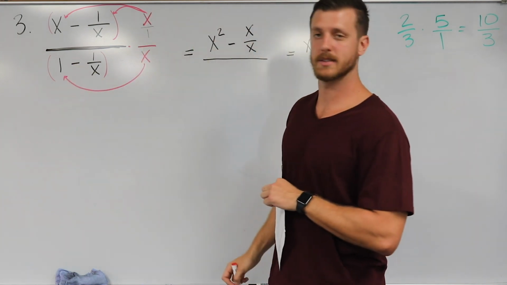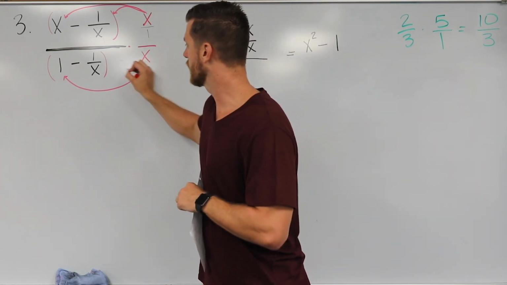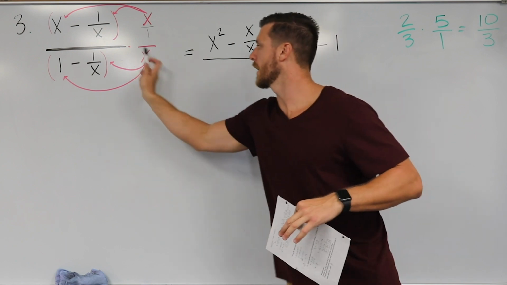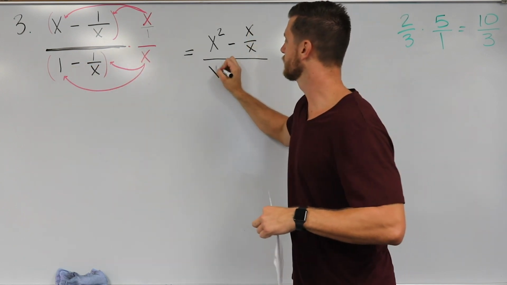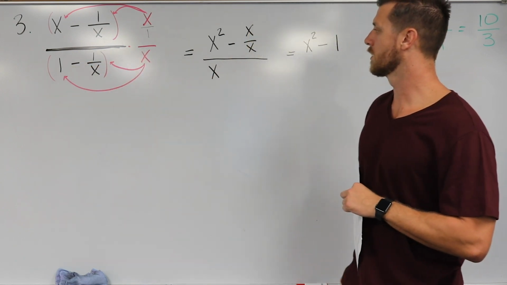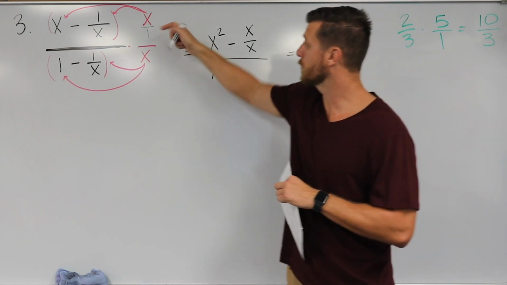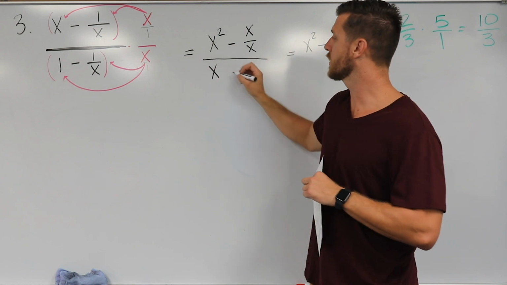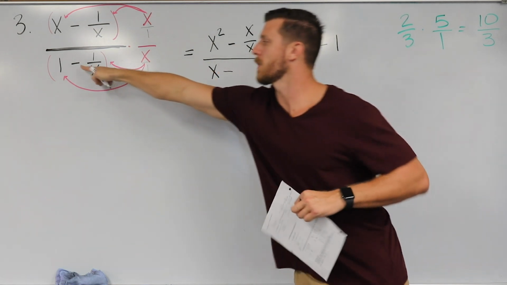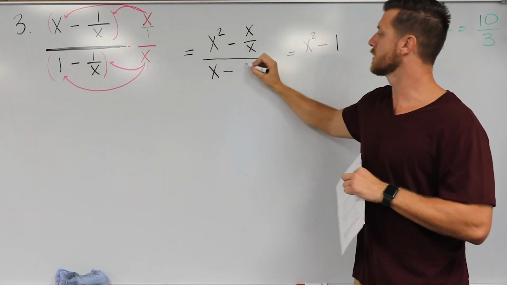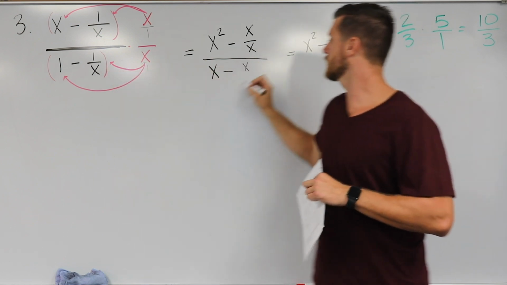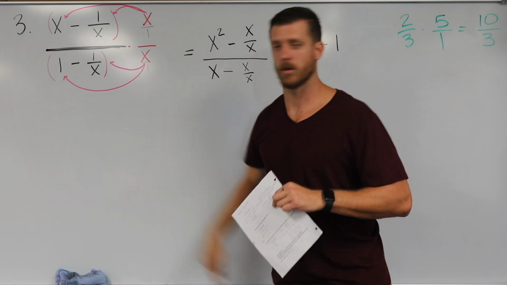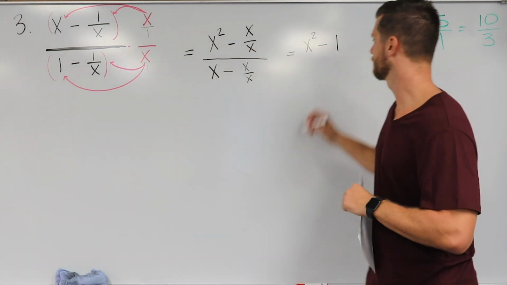Got to multiply the x times the 1 and the x times 1 over x. Well, x times 1 is x. We could do it the old school way, like up here. We could say this is over 1. X times x. X times 1 is x, don't forget that minus sign. 1 times x is x. That reduces to 1, or x times 1 over x is 1.